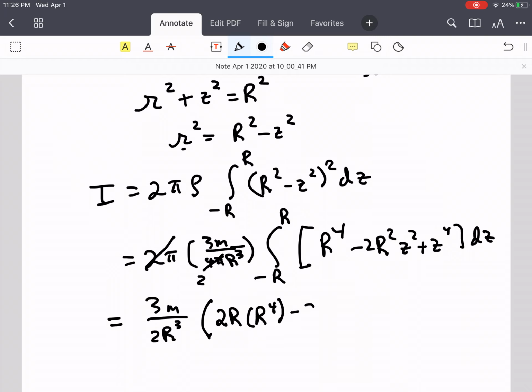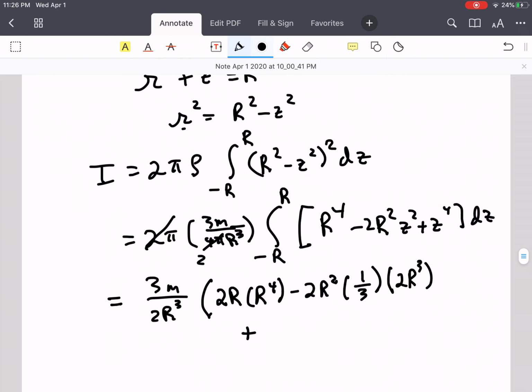This next term, minus 2R squared times the integral of z squared is 1/3 z cubed. When I take that between the limits, I get 1/3 of 2R cubed. Finally, this last term, the z to the fourth term, that is R to the fifth over 5.